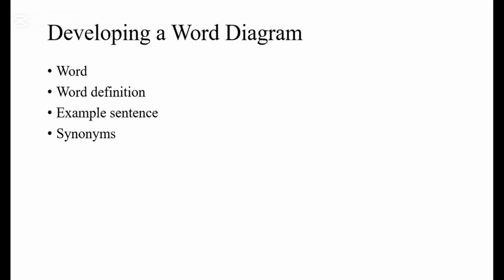The third thing is how we can use that particular word in a sentence, and then the different synonyms, because IELTS is all about synonyms and vocabulary, and then paraphrasing the sentences. So this is how we can create a word diagram whenever we are developing vocabulary.